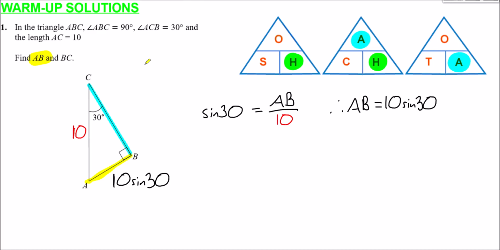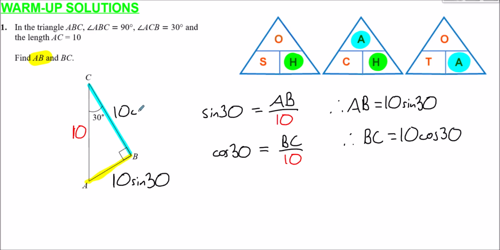So to find BC, we'd be using CAH. In other words, C means cos of the angle, so cos 30 would be the adjacent side, BC, again divided by the hypotenuse, which is 10. Therefore, BC would be 10 cos 30.